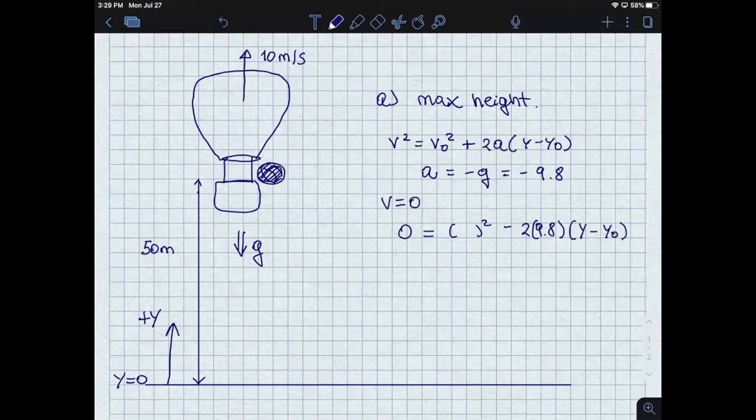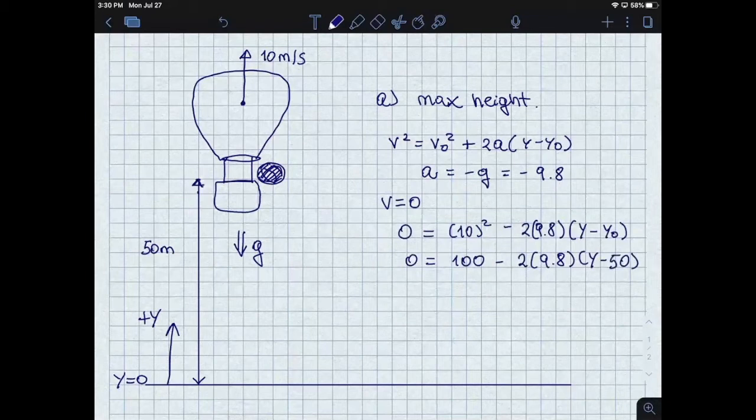So what do we put for v naught? When the ball is dropped from the hot air balloon, it will have the initial velocity that the hot air balloon has. So this is going to be 10. 0 is equal to 100 minus 2 times 9.8 times y, which is what we're looking for. y naught is right here, when it is above the ground, 50 meters.